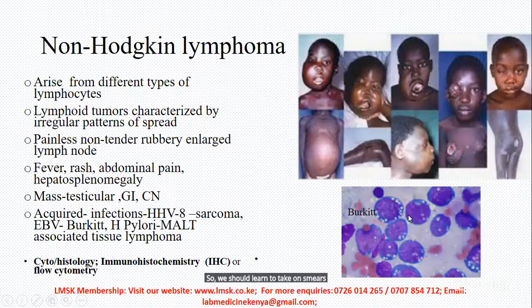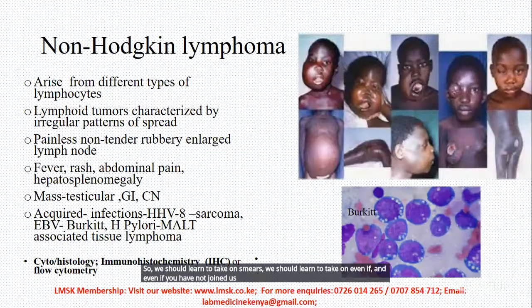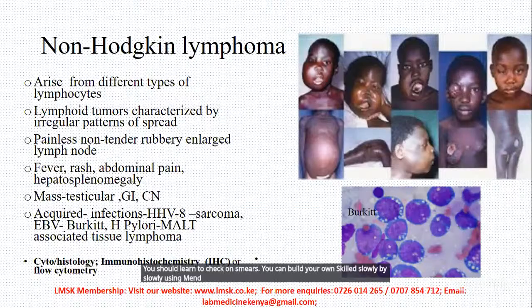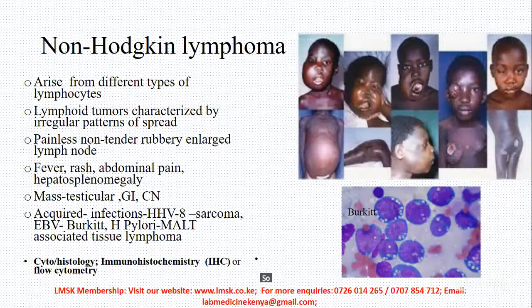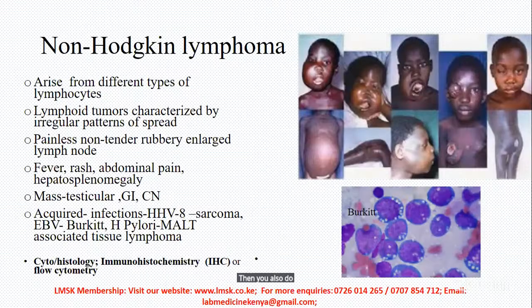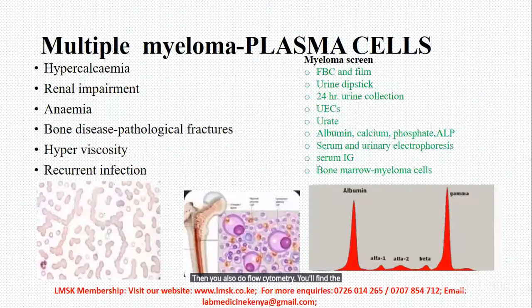Even if you have not trained as a cytologist, you should learn to check on smears. You can build your own skills slowly by slowly using mentors, and you go far. So such patients, the end report we recommend is usually cytology, histology, then you do immunocytochemistry, then you also do flow cytometry, you'll find the problem of such clients.